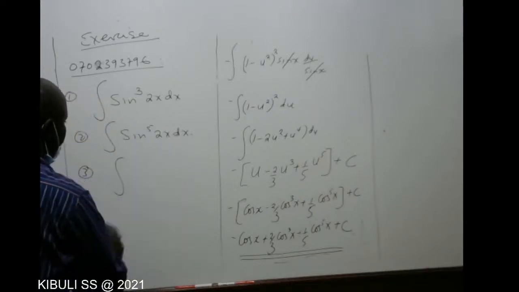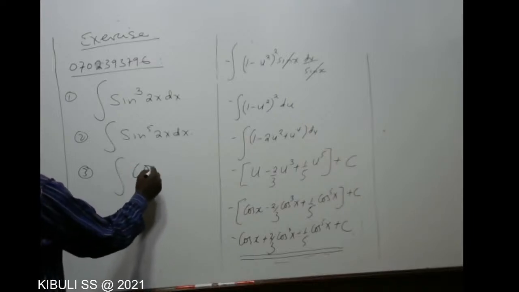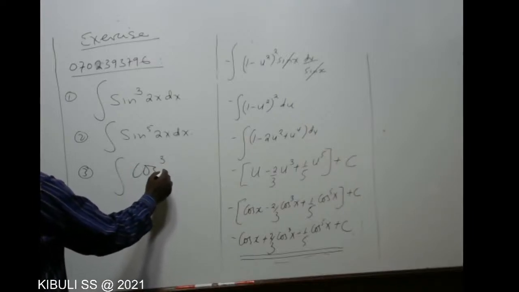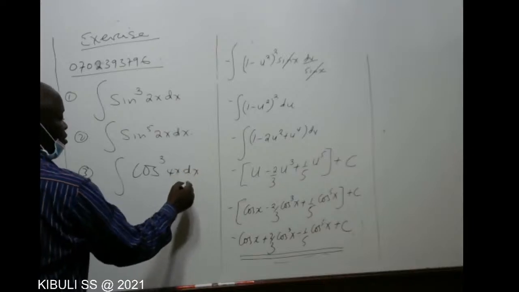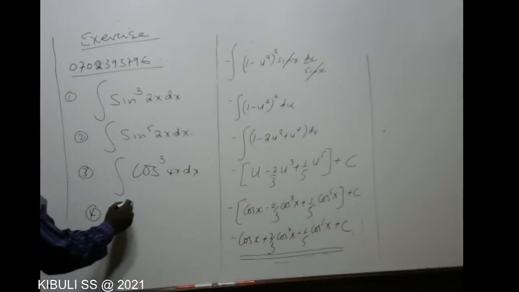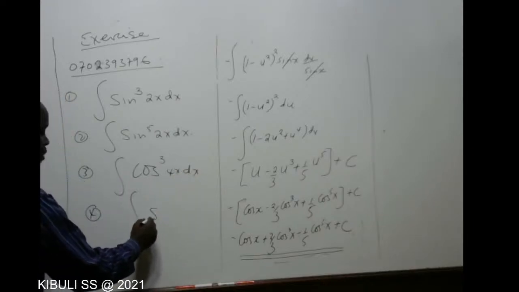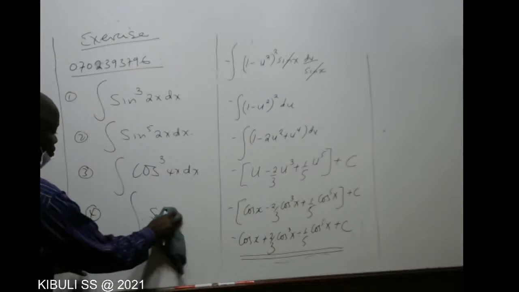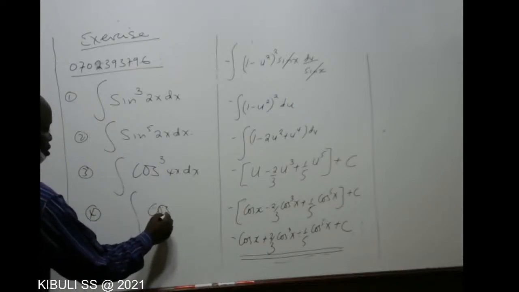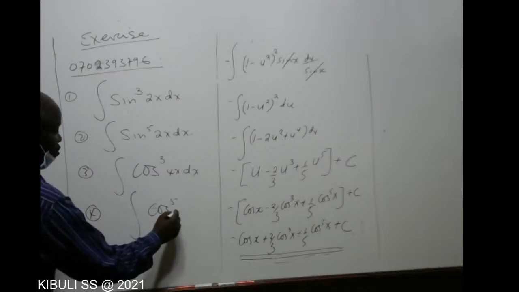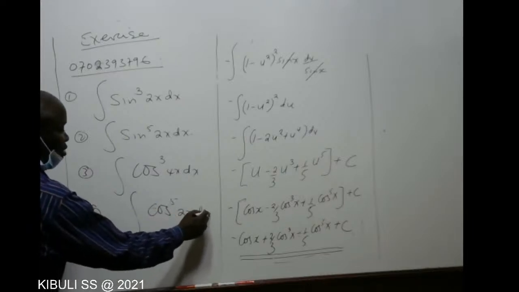You can have cos cubed, but this time this is 4x, 3x. The number 4, which is the last number we're going to have, suppose you have cos power 5 of 2x dx. What do you think about that?